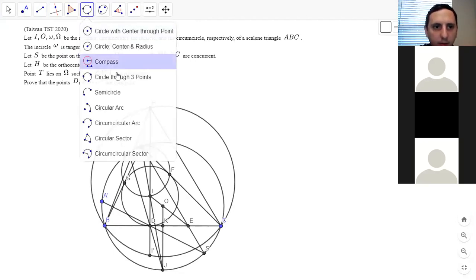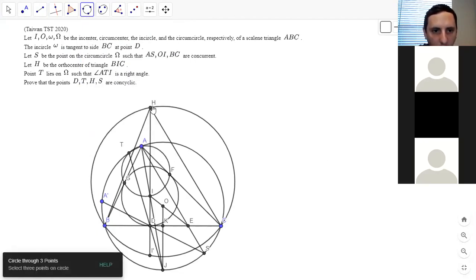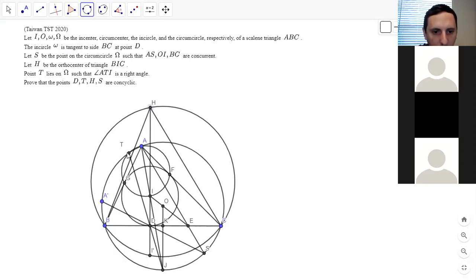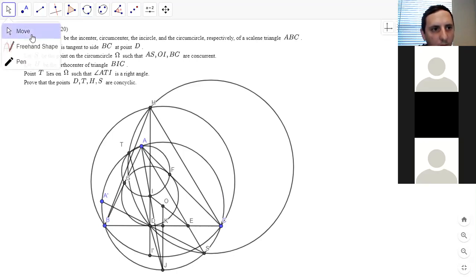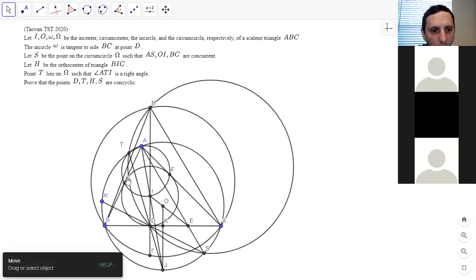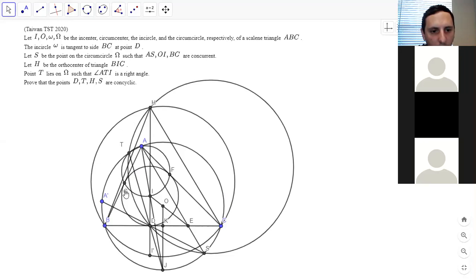HTDS. Yes. HTDS. How did you know that was cyclic? Oh, that's the problem.